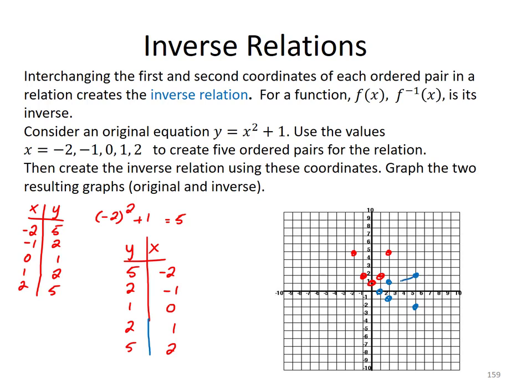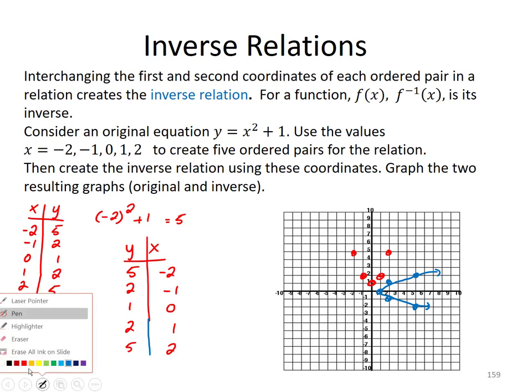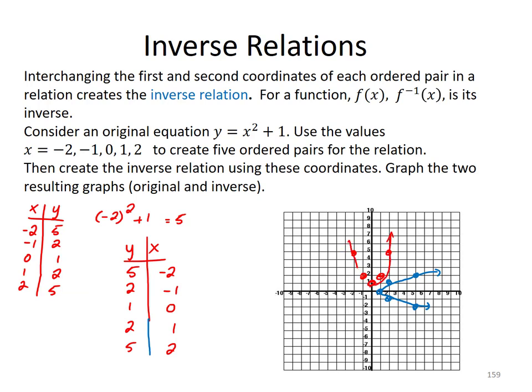I'm going to connect these points in a smooth curve if I can. Same with the original points, my original relation. And there we have graphed the two resulting graphs, the original and the inverse.